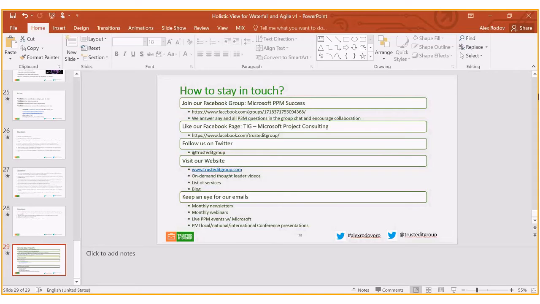This number is usually driven off of the velocity, which is the number of story points that a particular team can complete within one sprint. So that times the number of sprints times the number of teams will give you the equivalent of story points equal to the budget of the project.